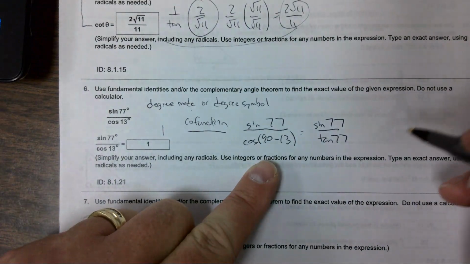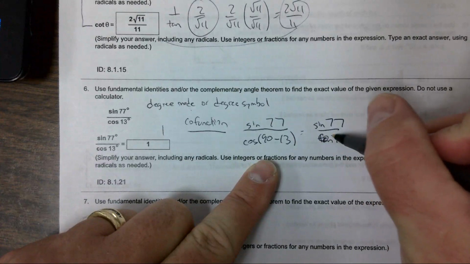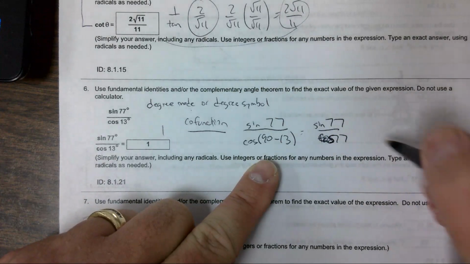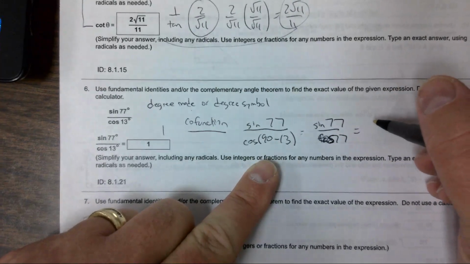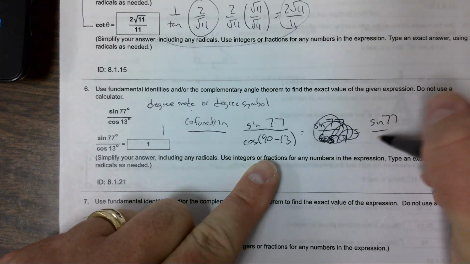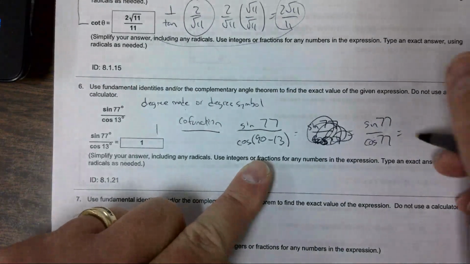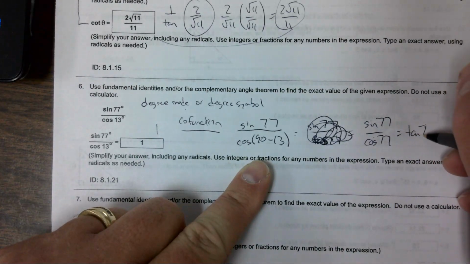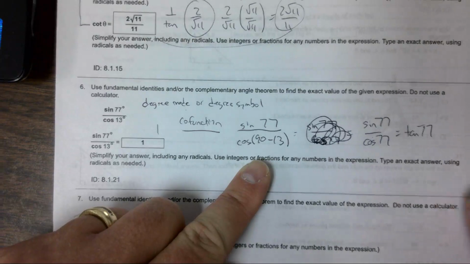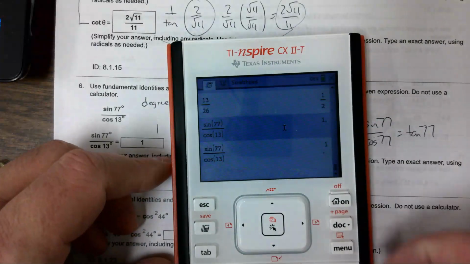I'm sorry, I just got ahead of myself. And if you have sine over cosine, let me just rewrite that. Sine 77 over cosine 77, that means tan 77. So what if we did tan 77?